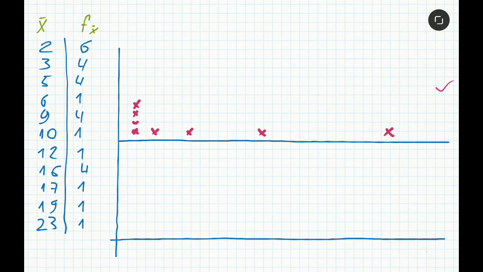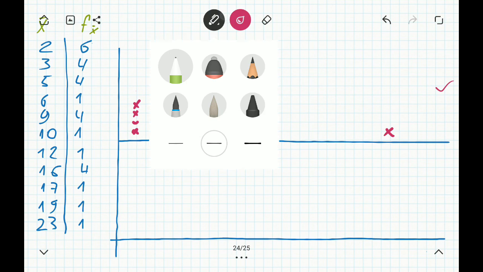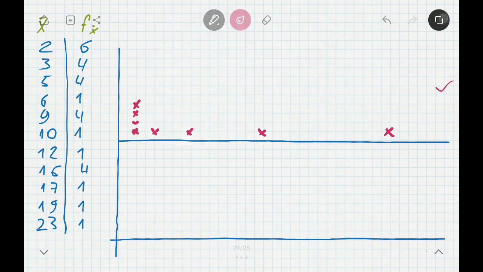And now I'll do the same for the sample means. Oh, and by the way, let me make the brush a bit larger. So we have 6 entries of 2: 1, 2, 3, 4, 5, and 6.